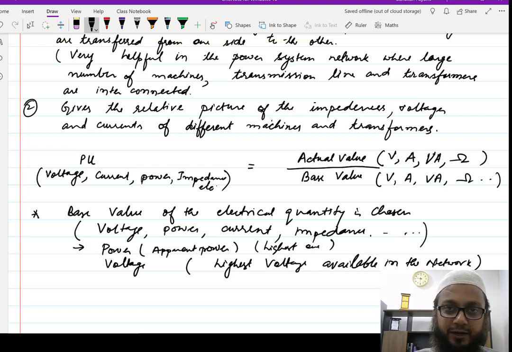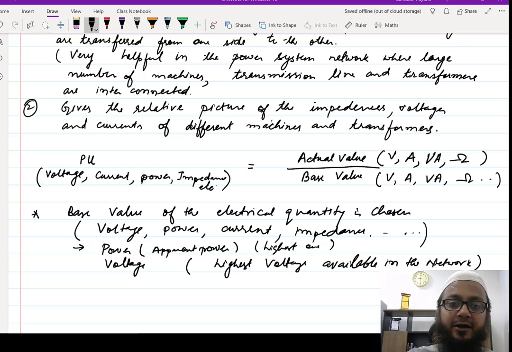And for a particular machine, let's say an alternator or a transformer, if we want to define the per unit quantities, then obviously the rated voltage would be the base voltage there.